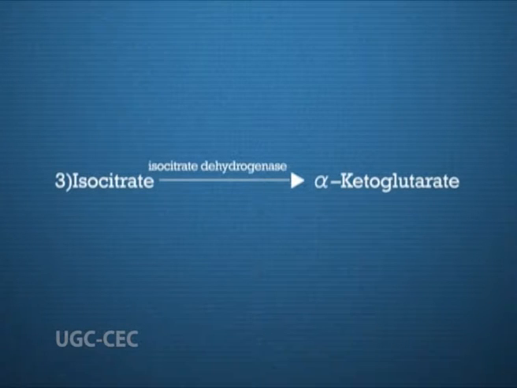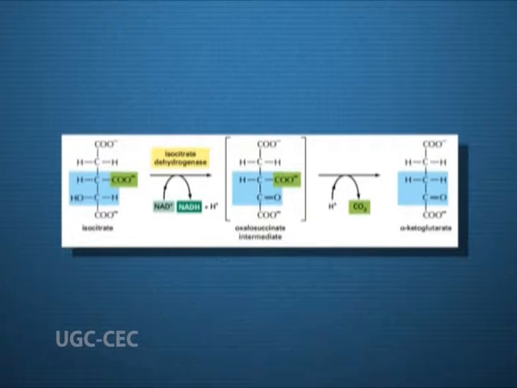Next step: isocitrate is oxidized and decarboxylated to alpha-ketoglutarate. We come now to the first of 4 oxidation-reduction reactions in the citric acid cycle. The oxidative decarboxylation of isocitrate is catalyzed by isocitrate dehydrogenase.